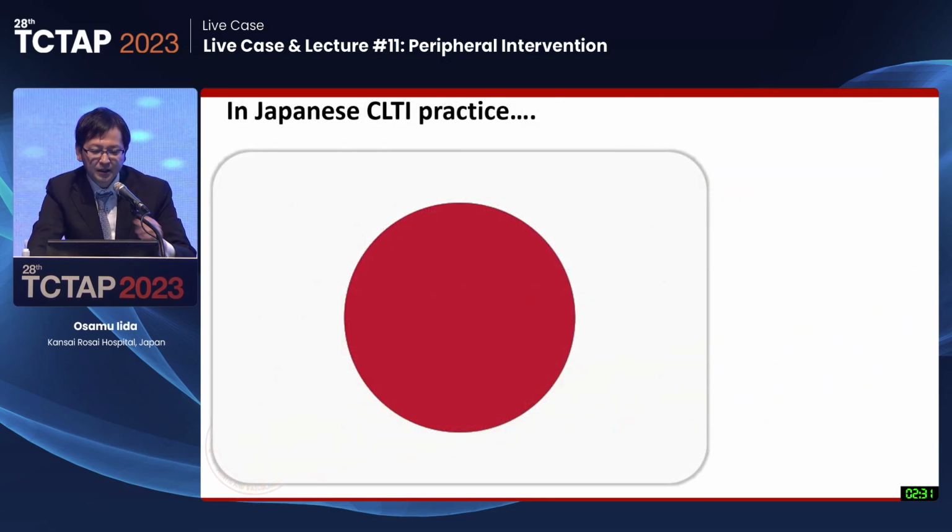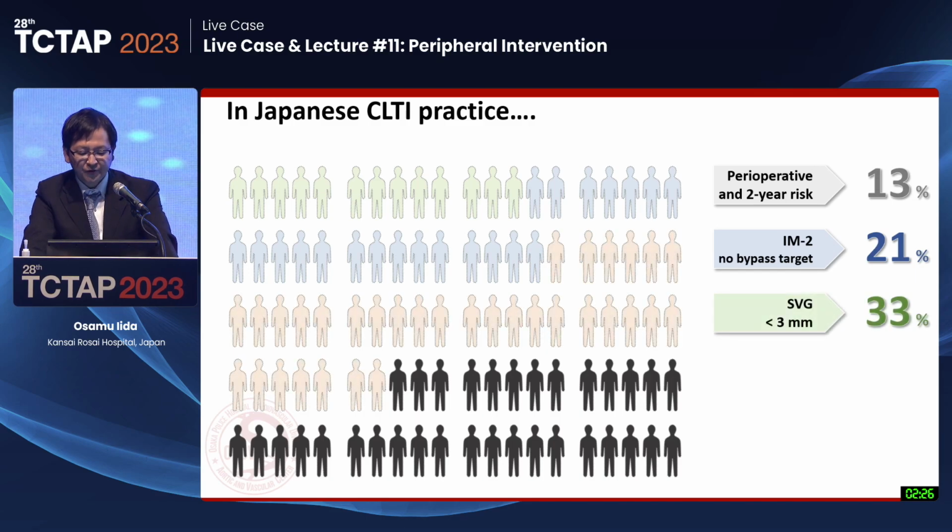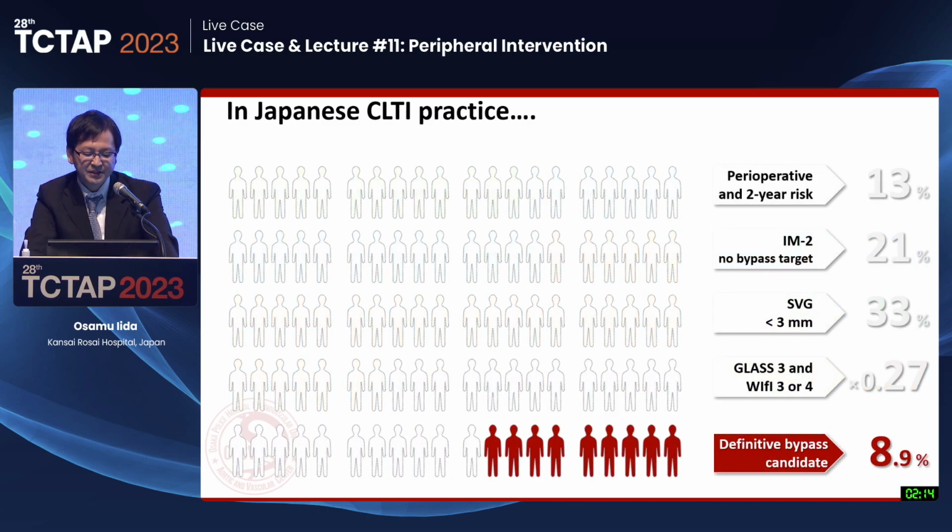In summary, in Japanese CLTI practice, we subtract the population with perioperative and 2-year mortality risk, no bypass surrogate, and poor quality of SVG from the overall population, and identify the GVG-based bypass preferred condition based on GLASS 3 and WIfI 3 or 4. Only 8.9% of patients should be treated with the bypass first strategy, which represents a relevant gap between the evidence from BEST-CLI and experience from real-world practice.